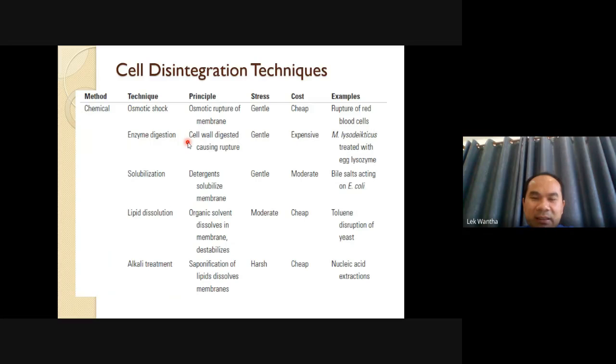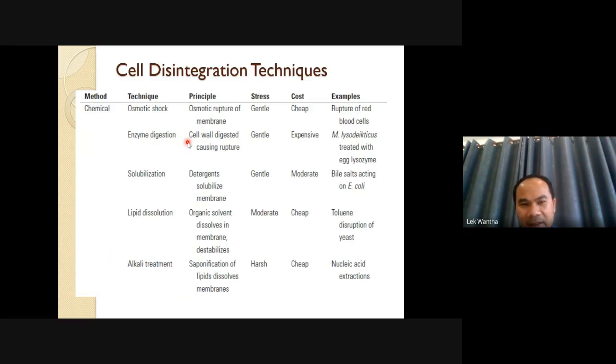But it is quite high efficiency because the enzyme is specific to the cell wall. For disruption, you have to break the cell wall or the membrane, and the enzyme is specific for some kinds of cell wall. It is quite efficient but expensive, because the enzyme is expensive.